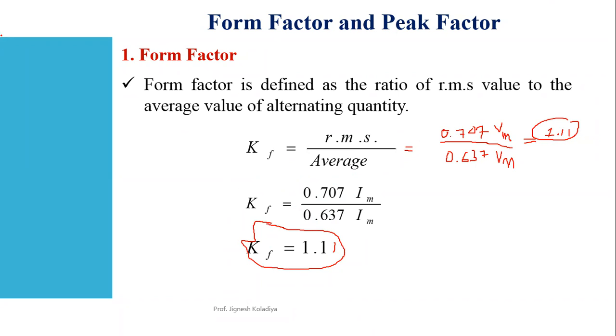So by using this form factor, particularly for a sinusoidal waveform, if you know the form factor, you can directly find the peak value, RMS value, and average value, because it is the relation between them. So you have to remember this definition: RMS upon average is equal to form factor.